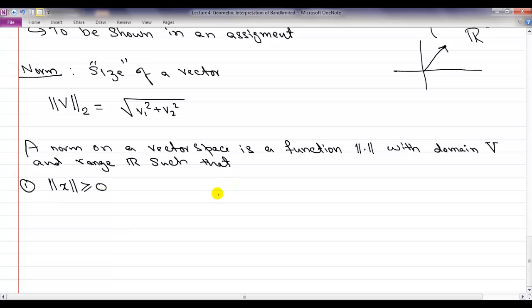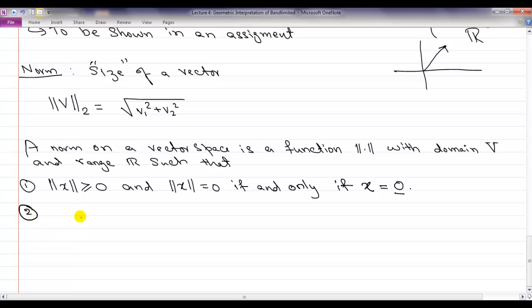So the norm of x is greater than or equal to 0, and it can be equal to 0 if and only if x is the 0 vector.